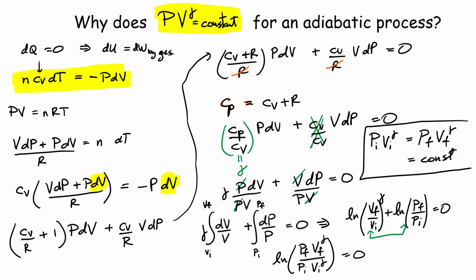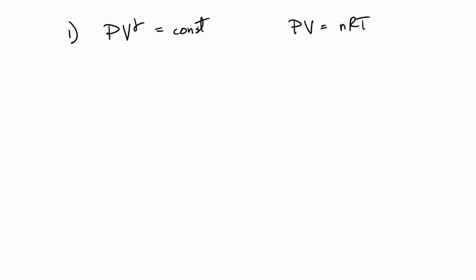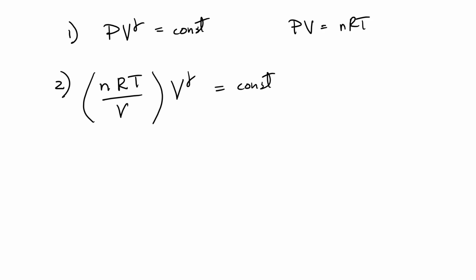The last little bit is if you wanted to, for example, eliminate pressure and just have it in terms of temperature and volume, that might be something you're interested in. Let me show you how to do that. You start with that first expression. If I wanted to write it in terms of temperature and volume, you have to eliminate pressure. The way I eliminate pressure is simply using the ideal gas law. So instead of writing pressure, I write nRT divided by volume.